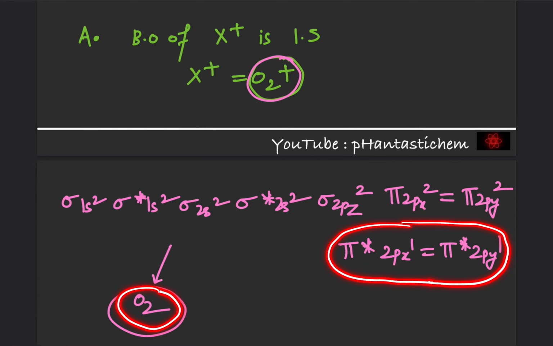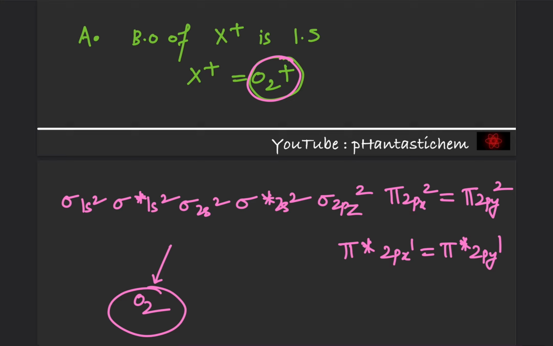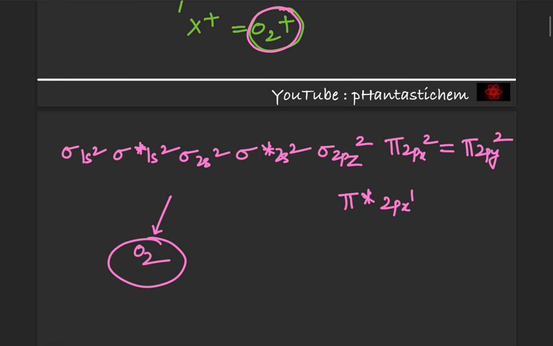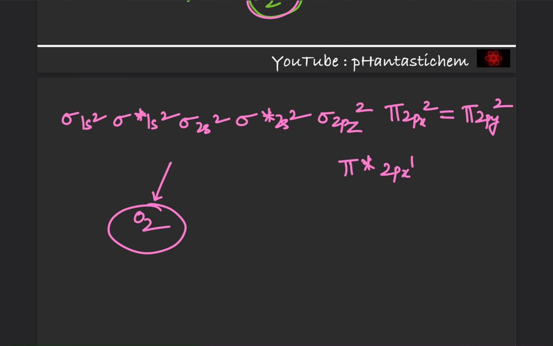Therefore the electronic configuration of the O2+ ion will be, so I remove the electron from pi star 2py. So this is the electronic configuration of O2+.